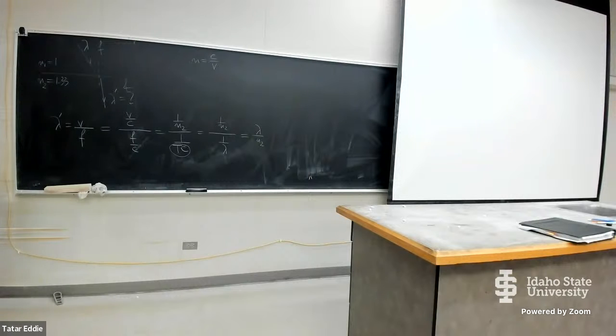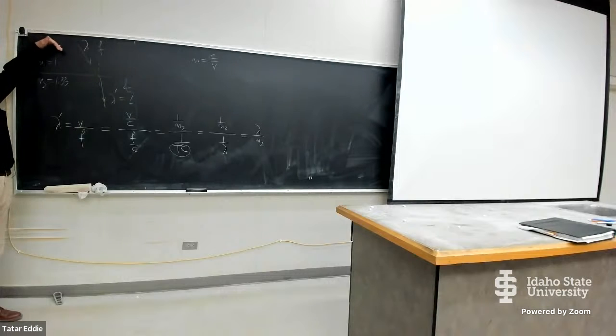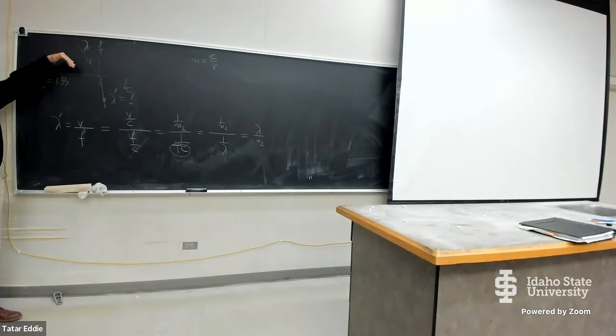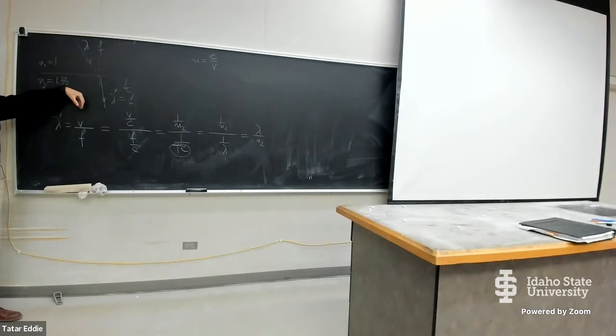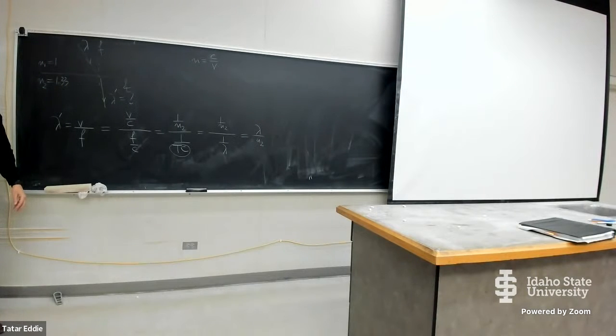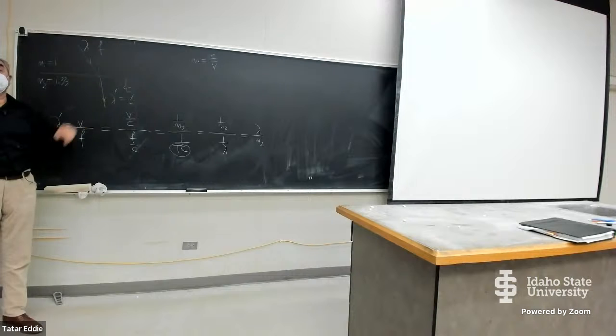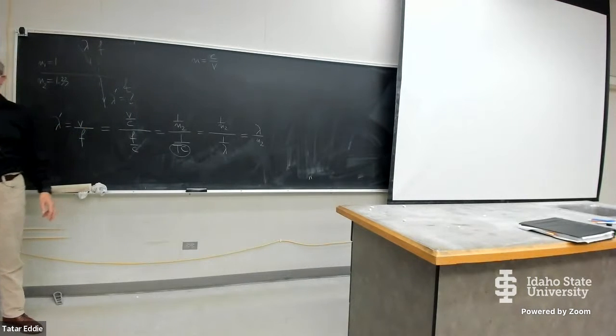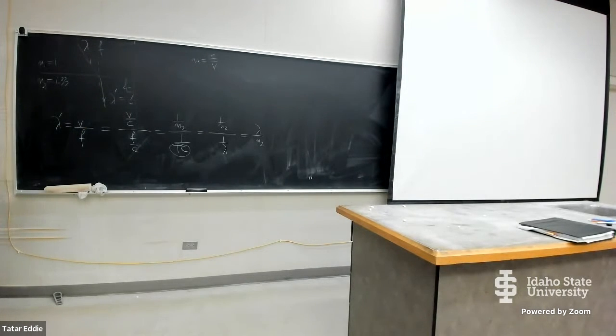The result says that as the light enters optically slower material, its color, its wavelength changes. Its wavelength shrinks proportional to the index of refraction of the second material where you enter.